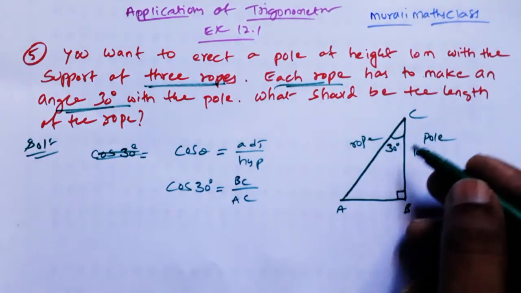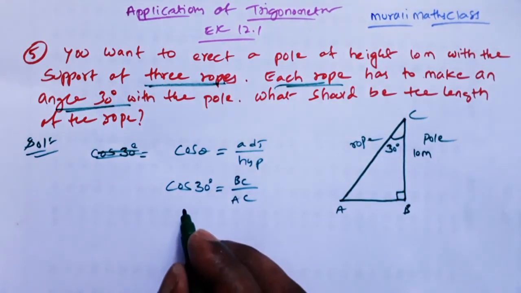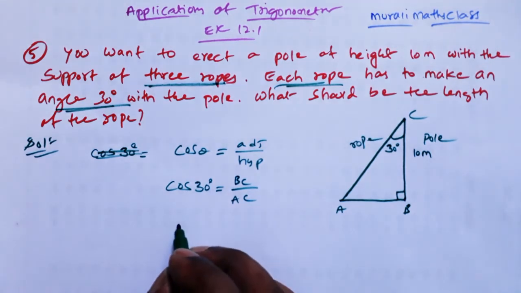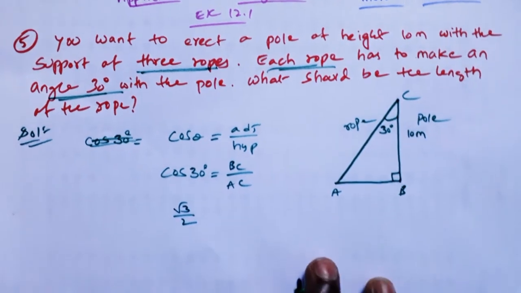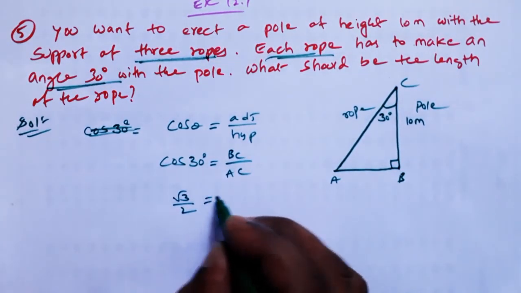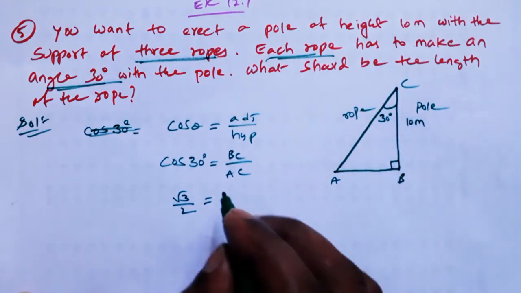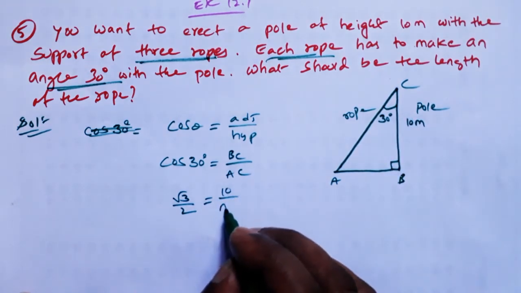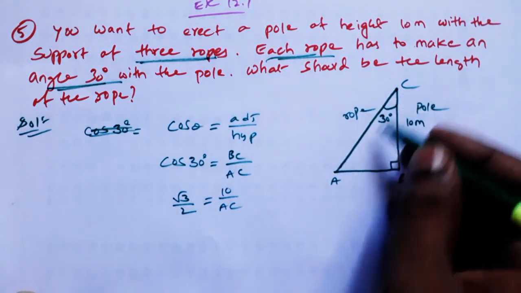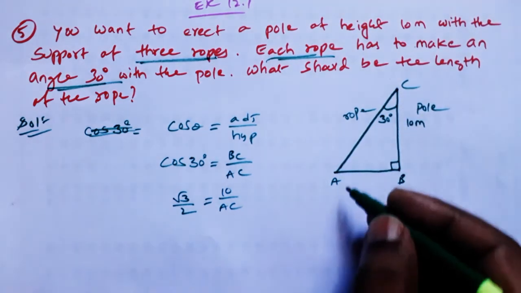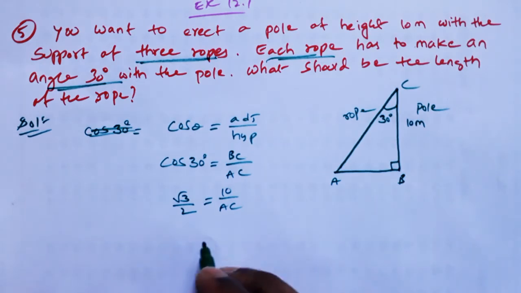So AC only we need to find now. Cos 30 answer is root 3 by 2. Root 3 by 2 equals BC, and BC is 10, divided by AC. AC is nothing but the length of the rope.